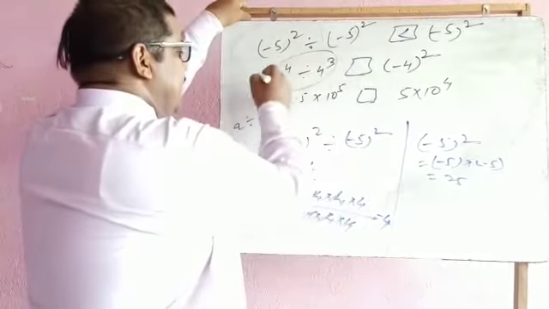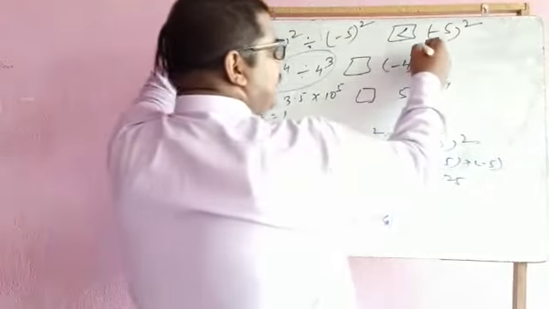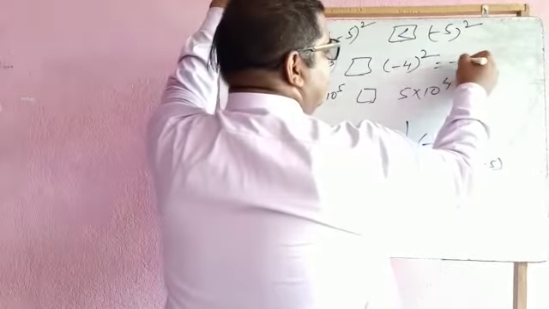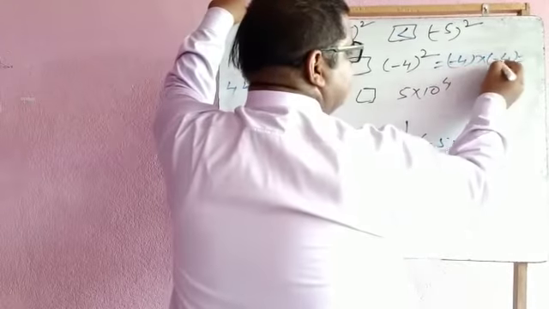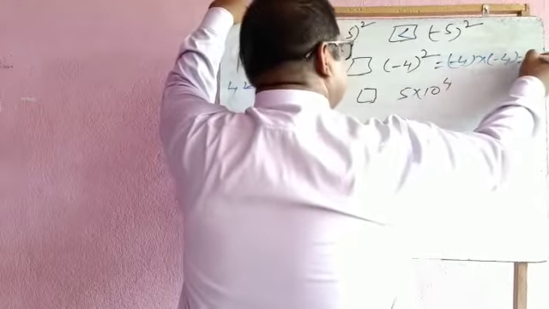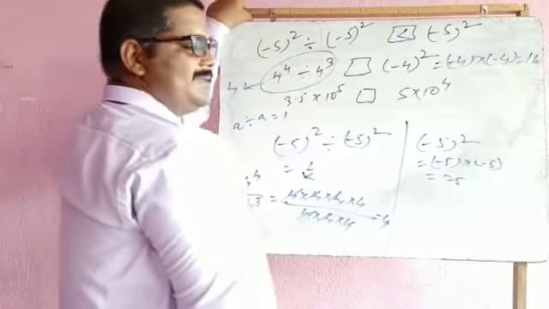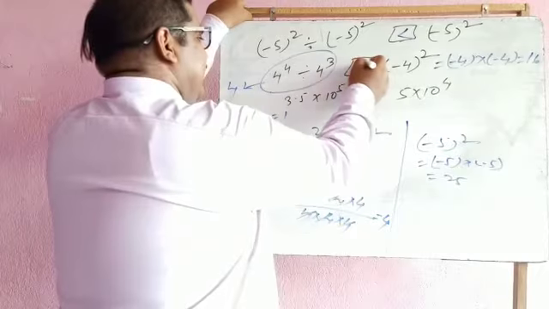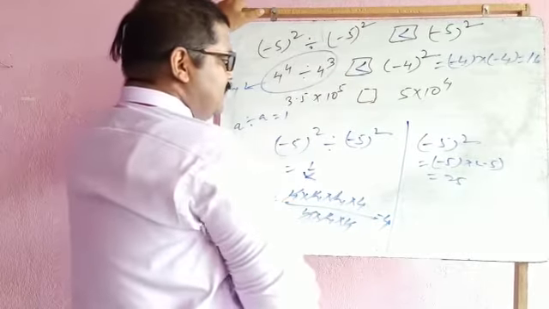So the LHS result is 4. But in the RHS, minus 4 square means what? Minus 4 into minus 4. And it can be written as plus 16. Which one is greater? 16 is greater than 4. So again the less sign, you have to put it down.